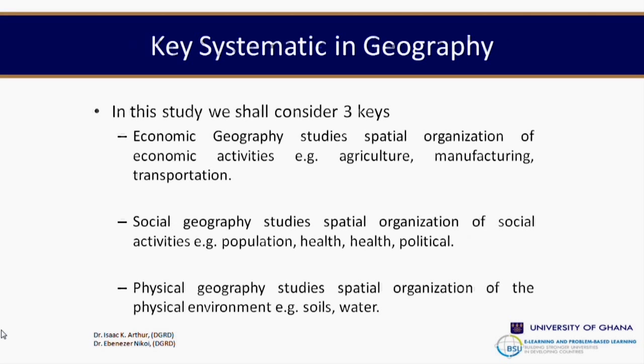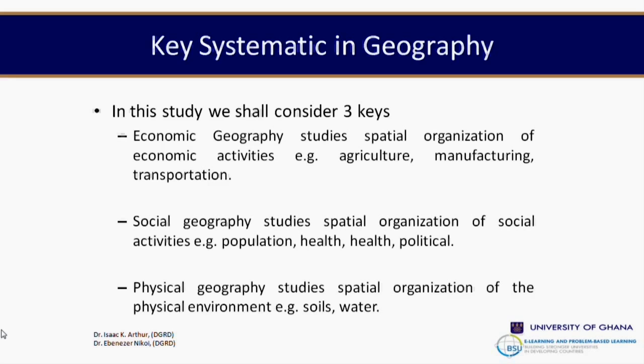Now, in this study, we shall consider three key systematic approaches. That's the economic geographers, for example, who will study spatial organization of economic activities. And with that, they can focus on, for example, agriculture, manufacturing, and transportation.